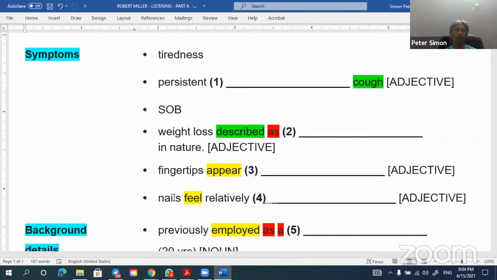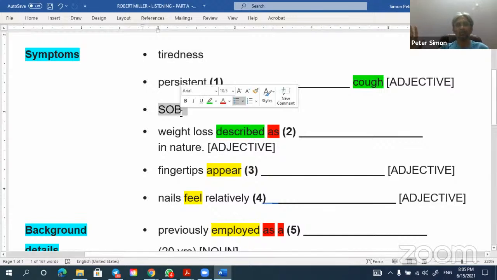So now he's talking about tiredness, number 1. Next he is talking about cough. When he's going to finish tiredness, you have to be alert. And then cough. After cough, he is going to talk about shortness of breath.